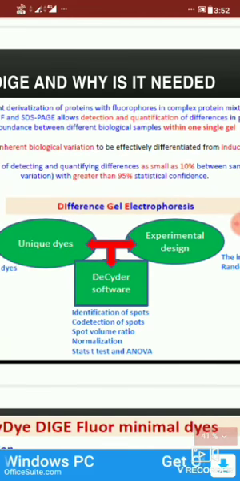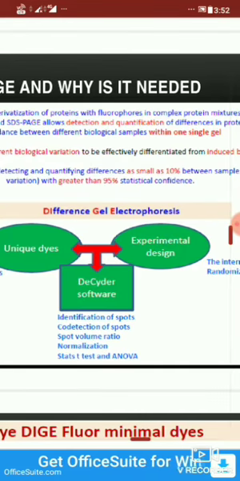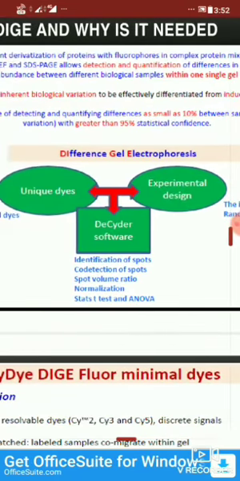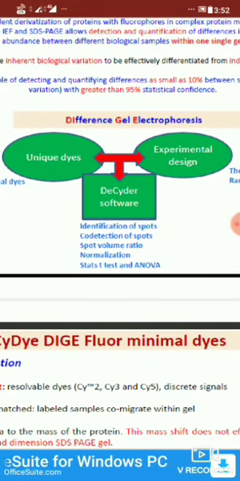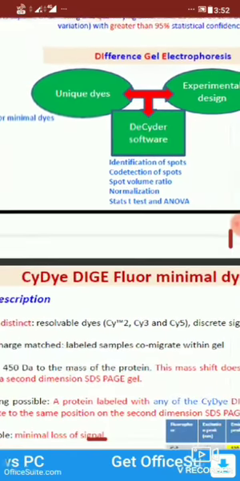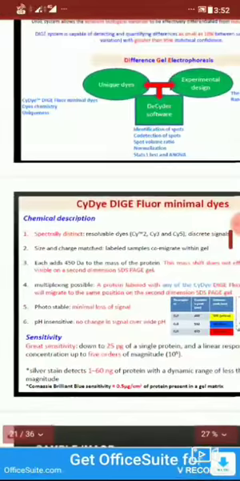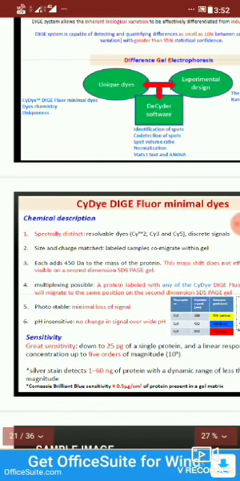The 3 important things which are different from 2D are that it uses unique dyes, the experimental design is slightly different, and we use DeCyder software which helps in identification of the spot, co-detection of spots, spot volume ratio, normalization, and also you can run ANOVA to find out what kind of sample we have got.